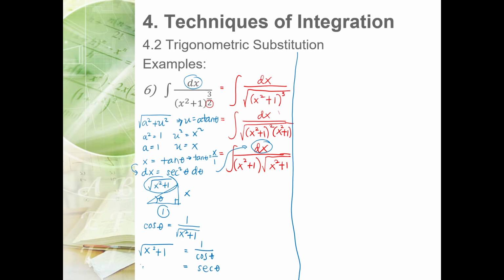So the square root of x squared plus 1 can be represented as secant theta. So how about the denominator, this x squared plus 1? Notice that we have square root of x squared plus 1 is equal to secant theta. So we can get the square of this one.